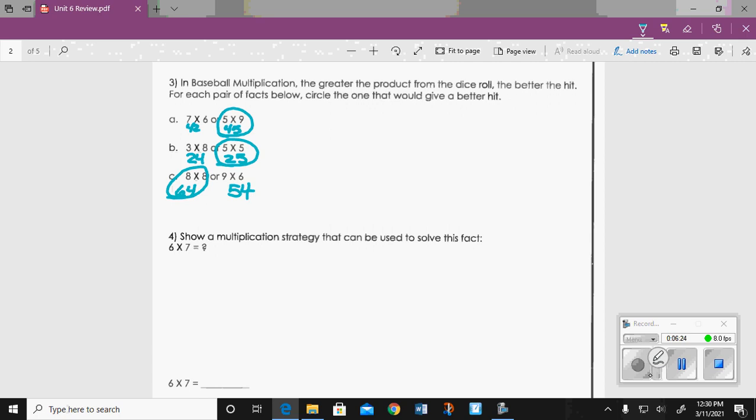And number 4, it says show a multiplication strategy that can be used to solve this fact. Okay, 6 times 7, so I could use doubling, which would be 3 times 7, which equals 21, and 3 times 7, which equals 21. If I add those together, I get 42.